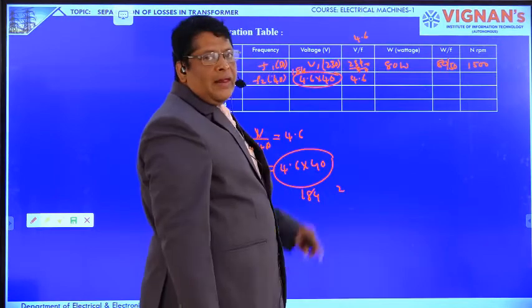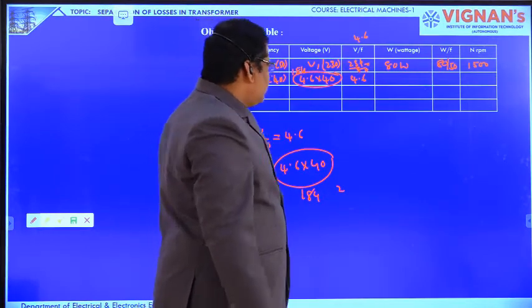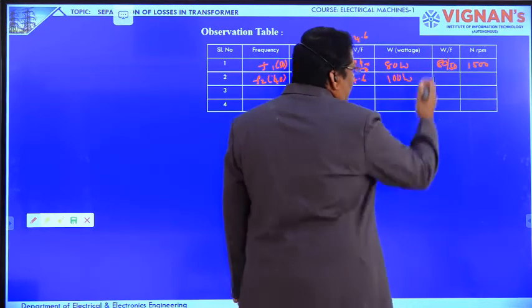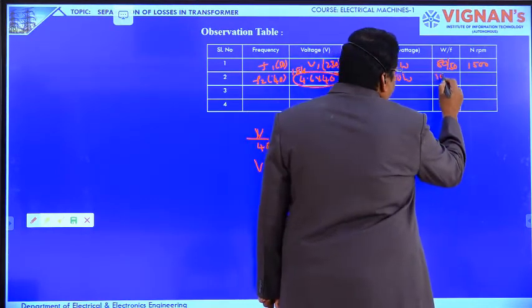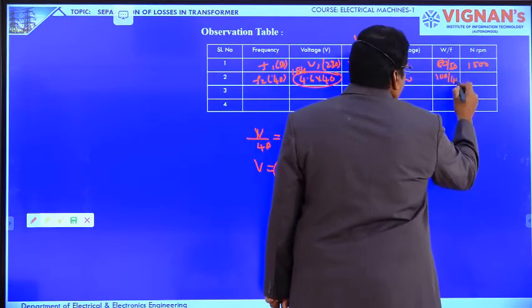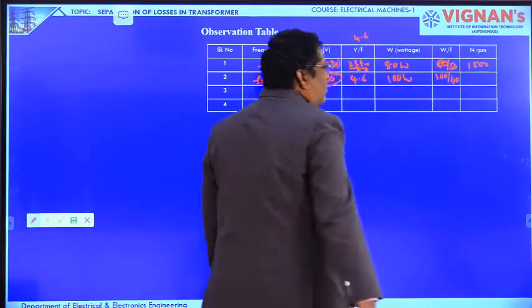So if we measure the iron losses, suppose we get 100 watts. W by F is 100 by 40. How much speed?